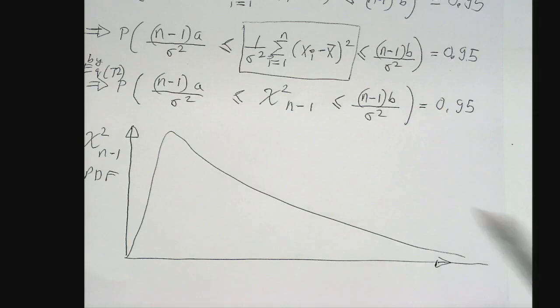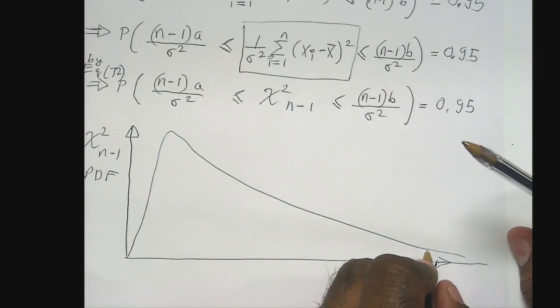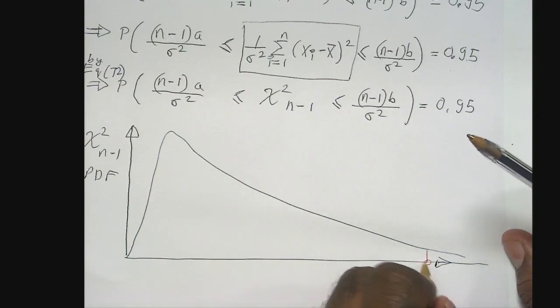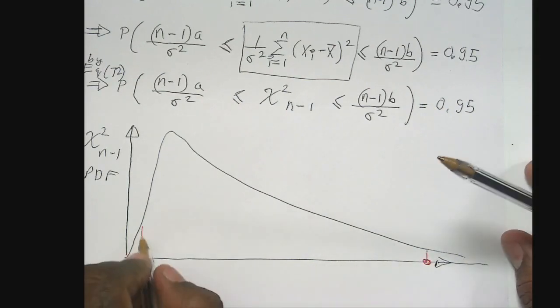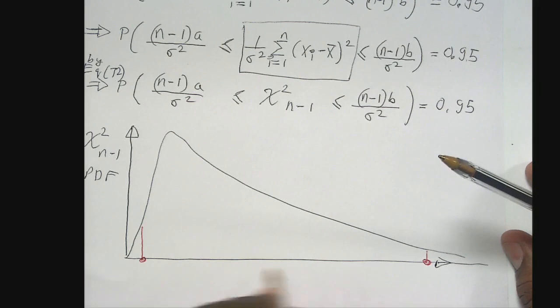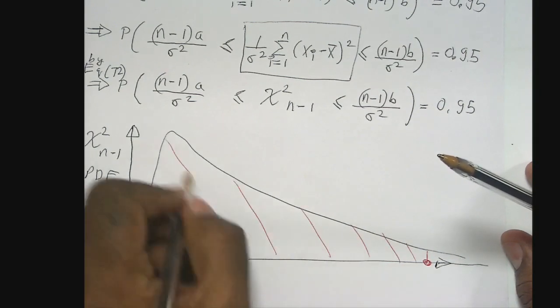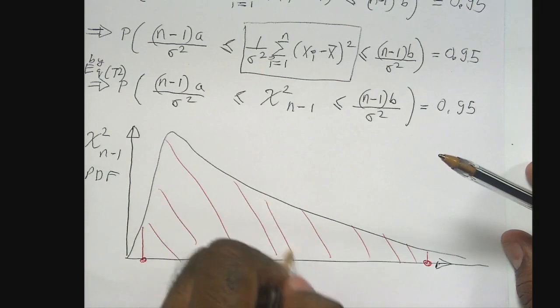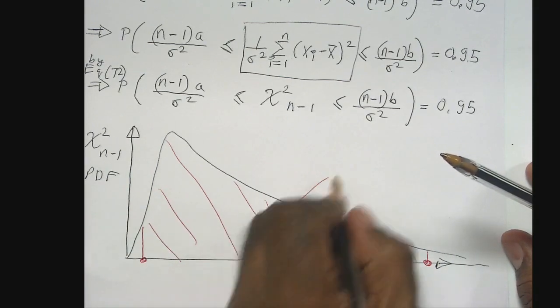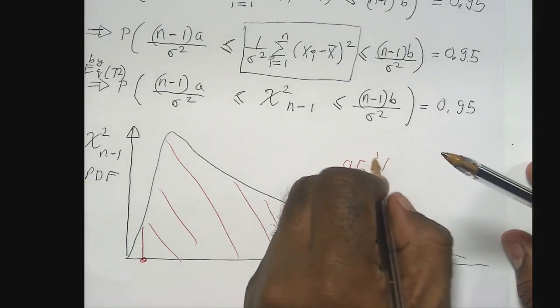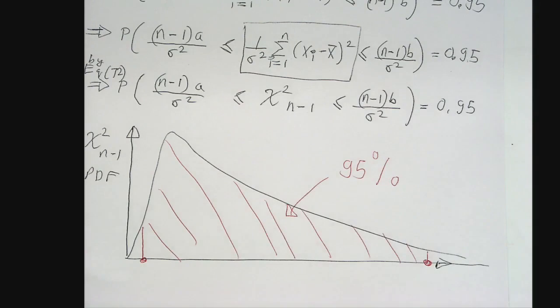We want 2 points, this point and this point, so the area between them is equal to 95% of the total area.